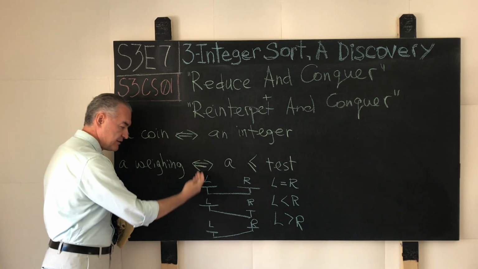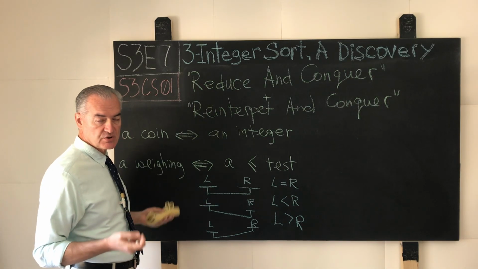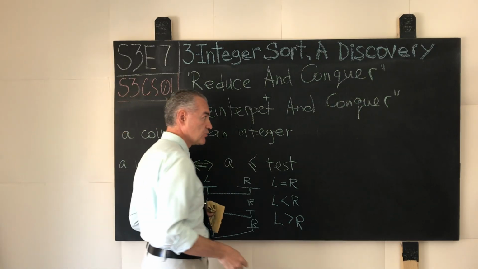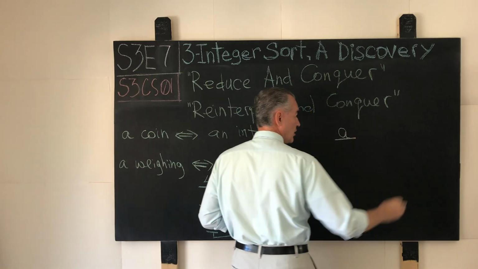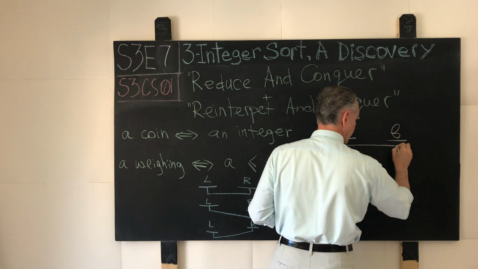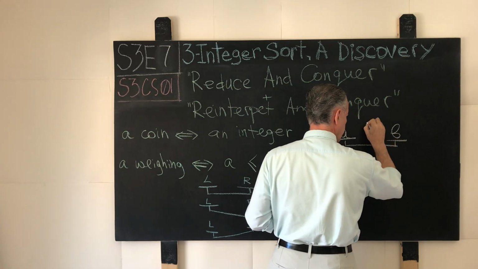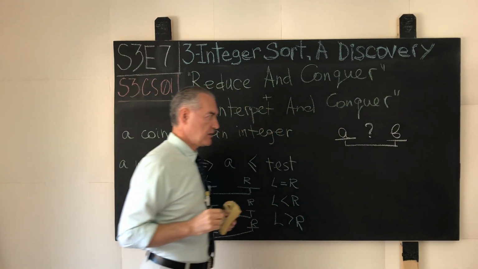Well, looking at the description of the possible outcomes, a solution that instantly comes to mind is the following. We put the coin A, let's say, on the left pen. We put the coin B on the right pen. Then we perform one weighing, and then we observe the outcomes.